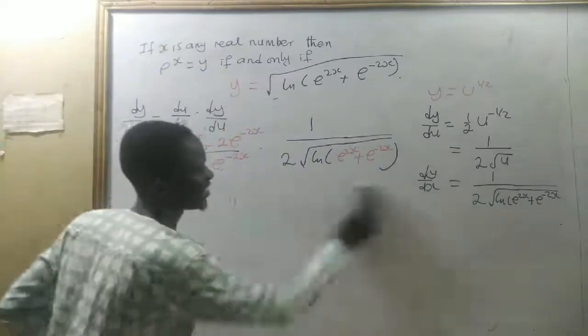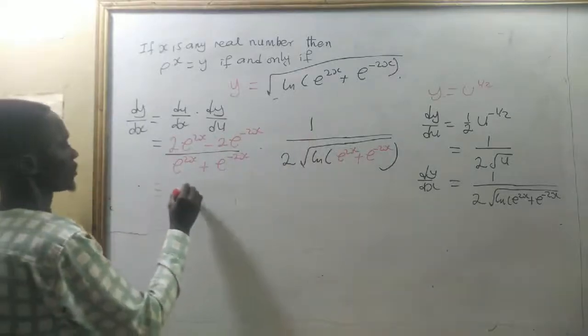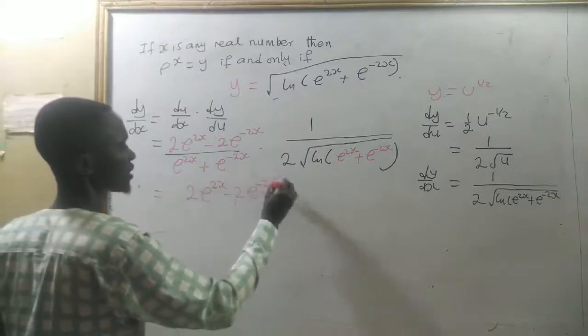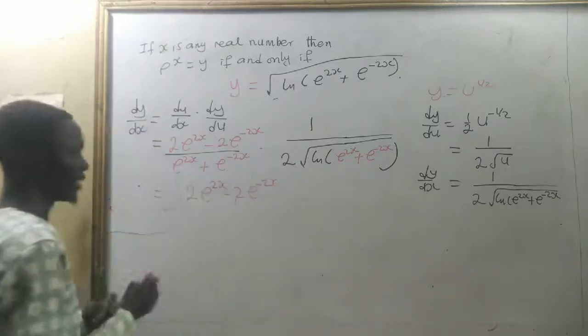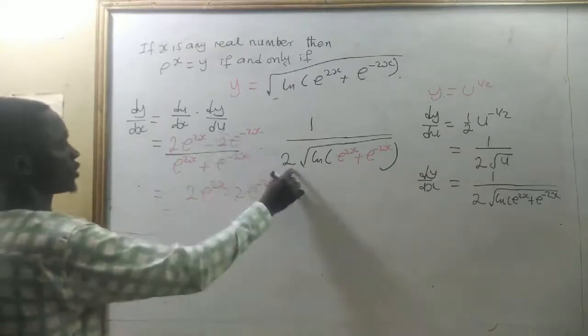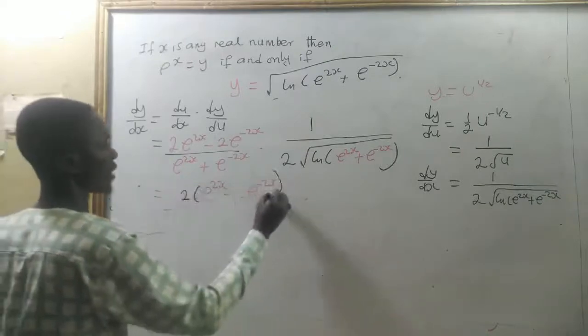And we are done. So we multiply 1 by what is at the top to get 2e to the power 2x minus 2e to the power negative 2x, all divided by, we can factorize the 2 out since we have 2 here. So let me bring the 2 out and put this in brackets.